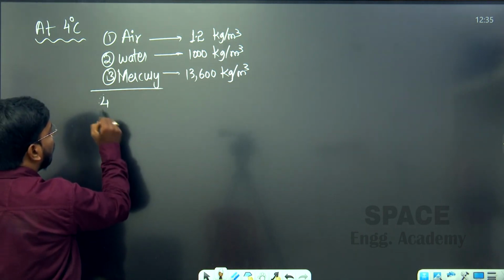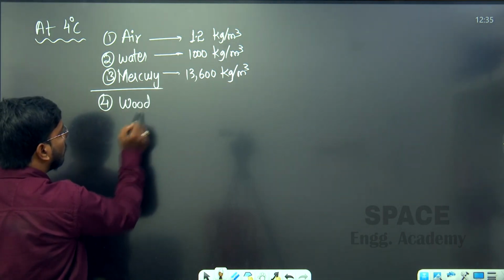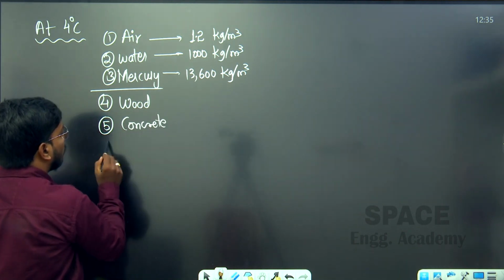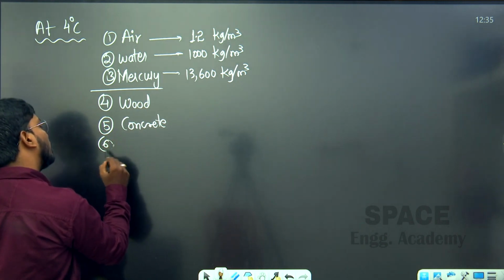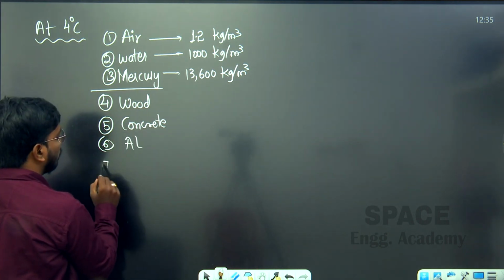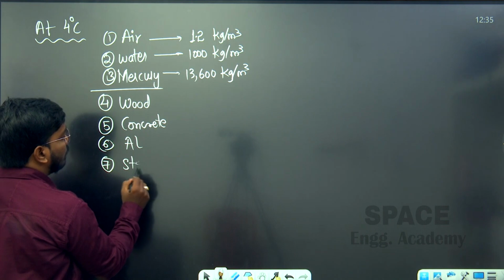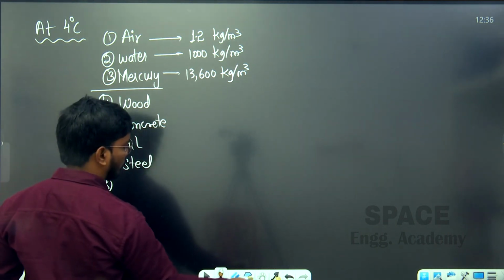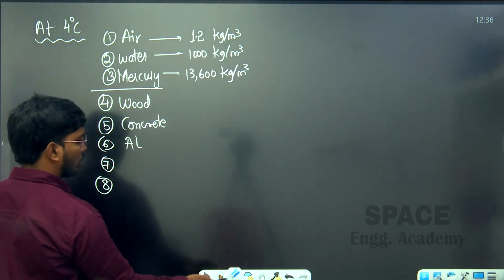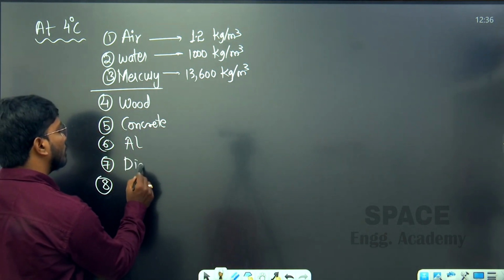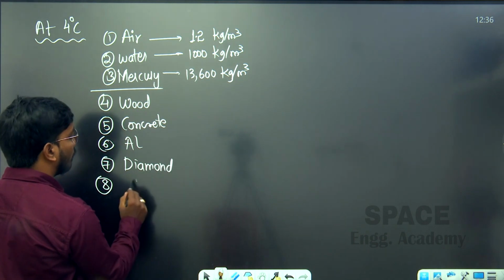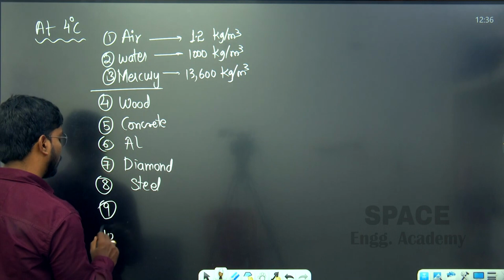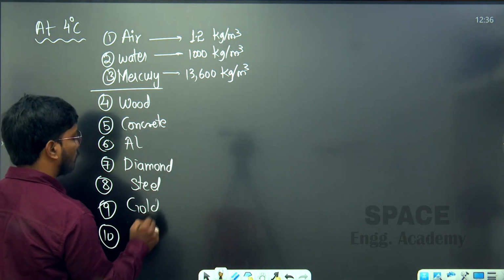Followed by that, we have many other materials: wood, concrete, aluminium, then steel, diamond. In increasing order I will write the values here: diamond, then steel, and the heaviest are gold and platinum.